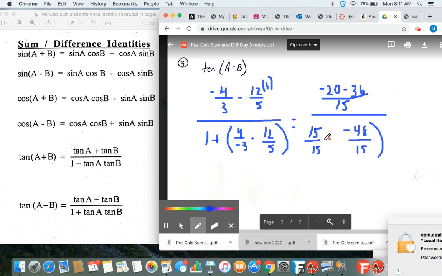And if we want, we could think of this now as just one big fraction. And since we have the same denominator, no reason to write 15 twice. All right, so keep simplifying here. We got negative 56 over 15. And we got negative 33 over 15.